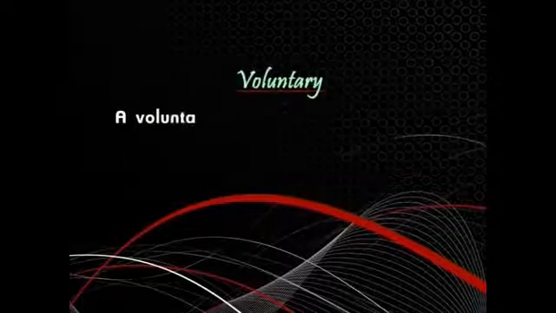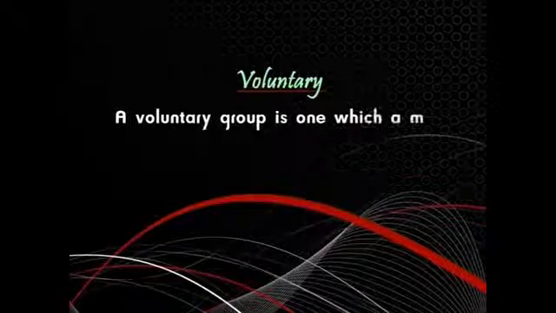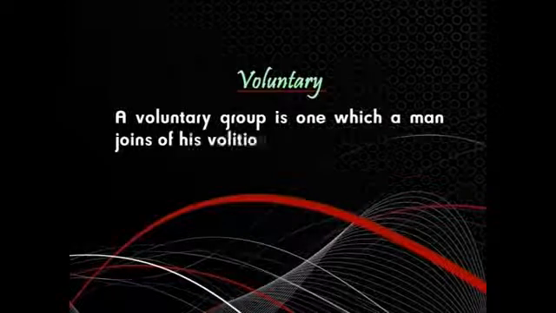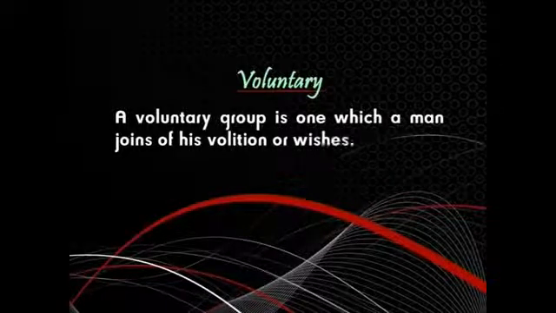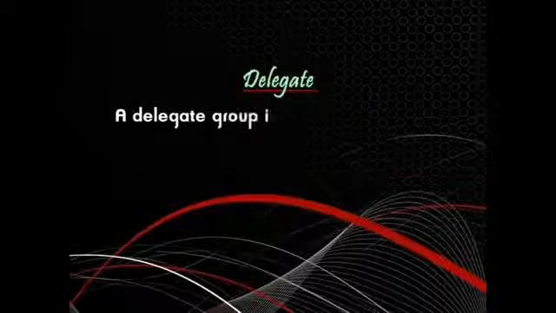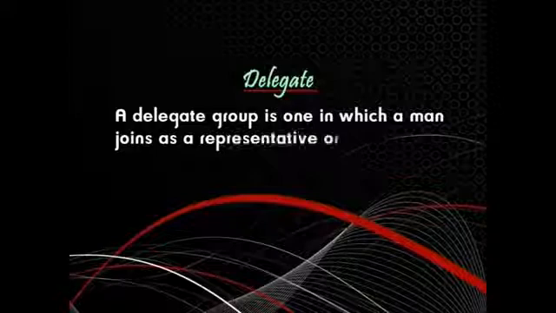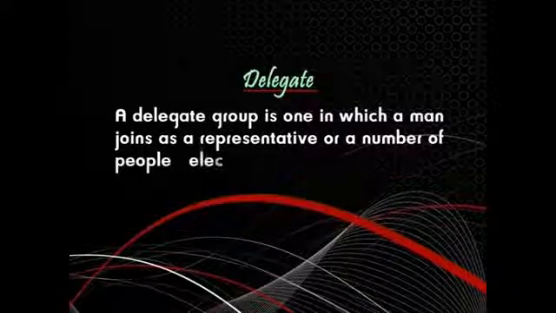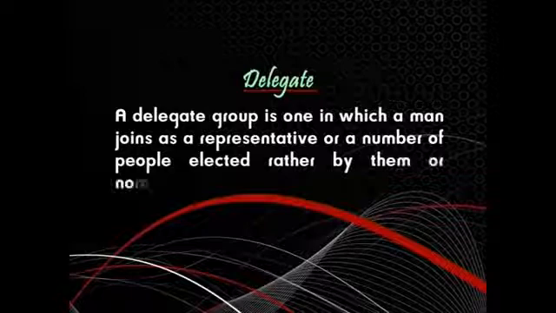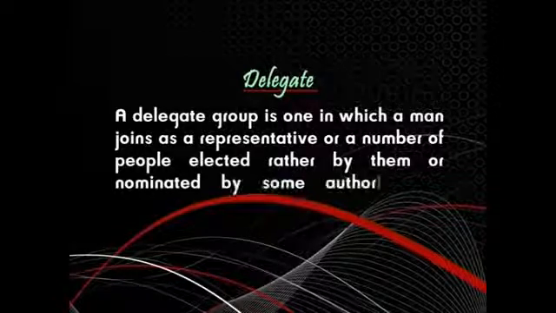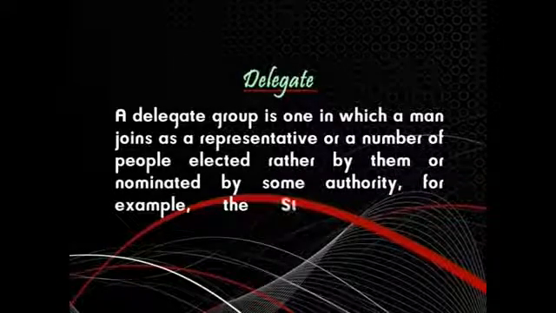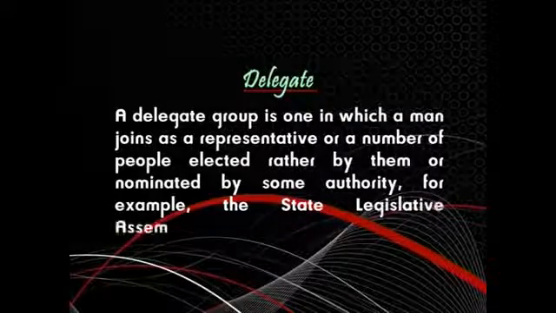A voluntary group is one which a man joins of his volition or wishes. A delegate group is one in which a man joins as a representative of a number of people, elected by them or nominated by some authority. For example, the State Legislative Assembly.